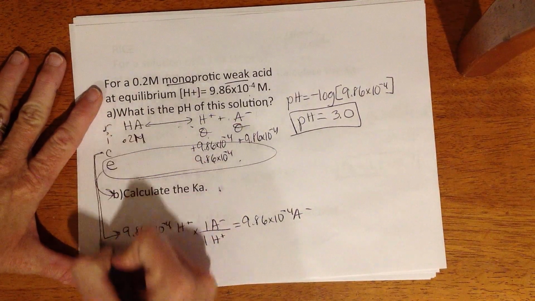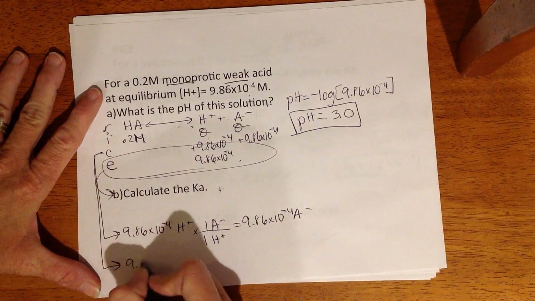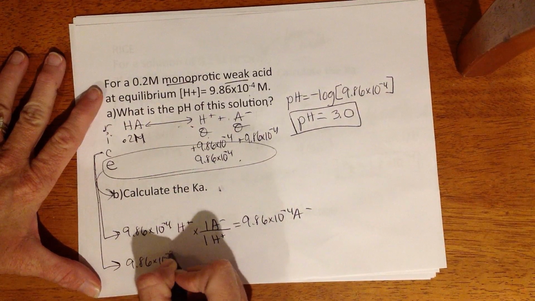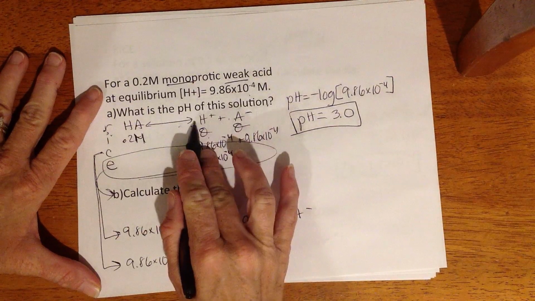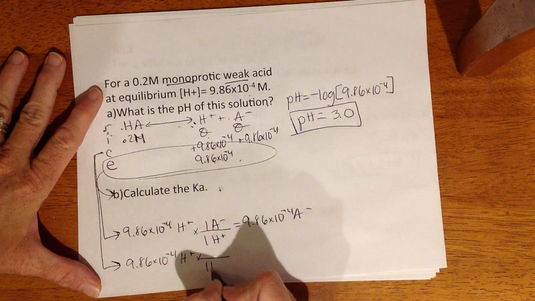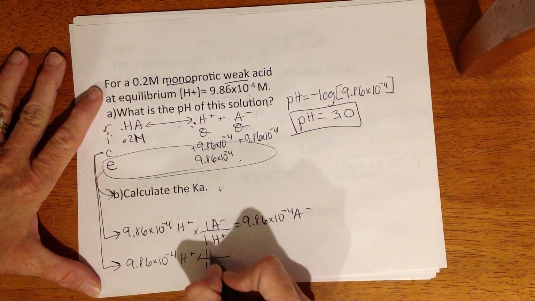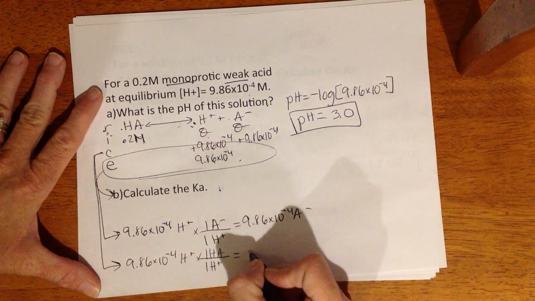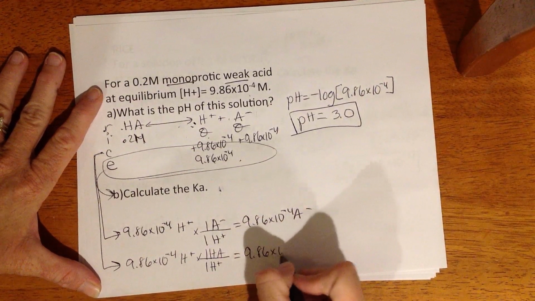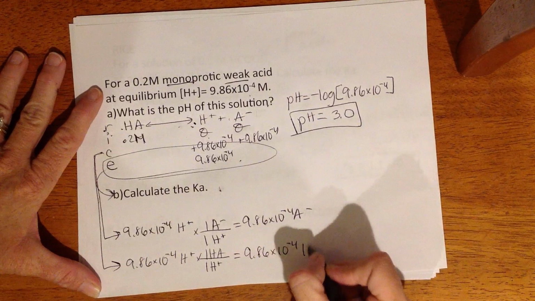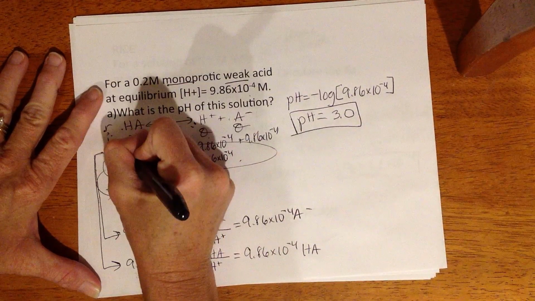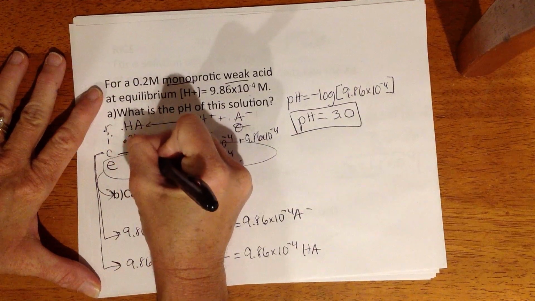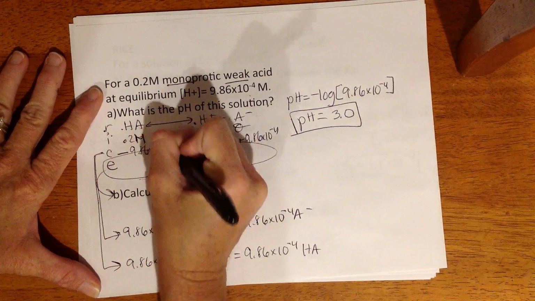All right, now I'm going to do HA. If I produce this much H, and the H and the HA react in a 1-to-1 ratio, then I would lose 9.86 times 10 to the minus 4th HA.